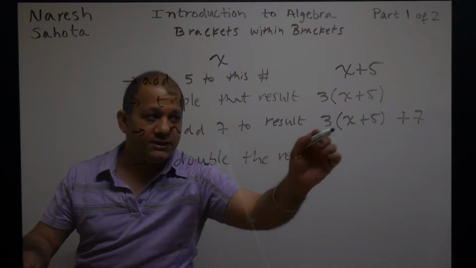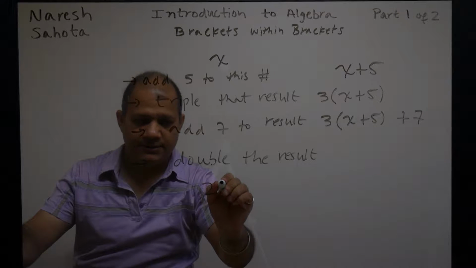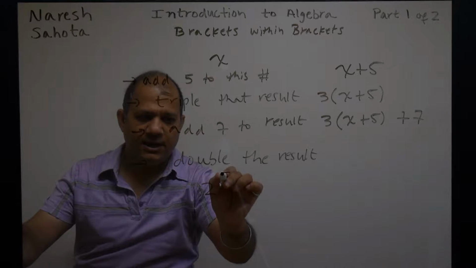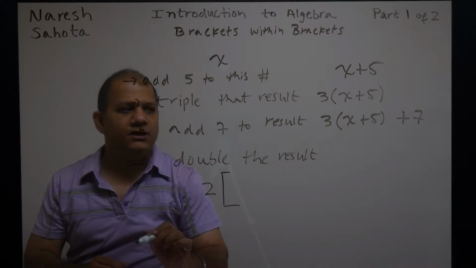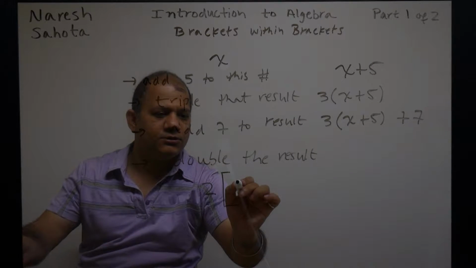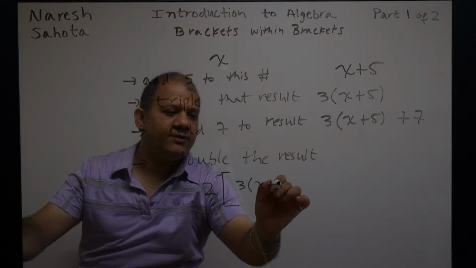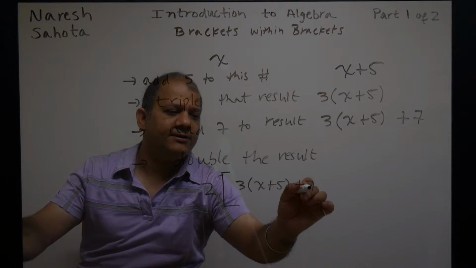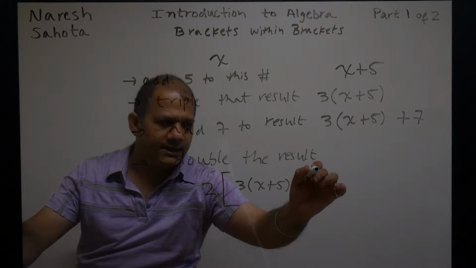So to double this result, I would say 2 times, but this time I'm actually going to use a square bracket. It's this result that I want to double, so I will put that result, 3 times x plus 5 plus 7, and now I will close the square bracket.